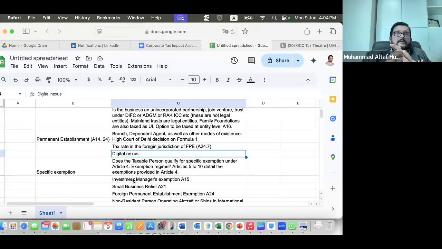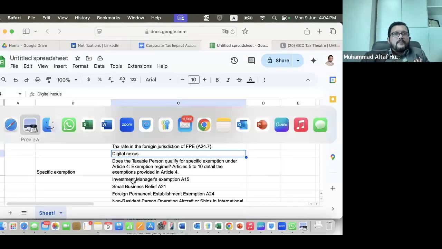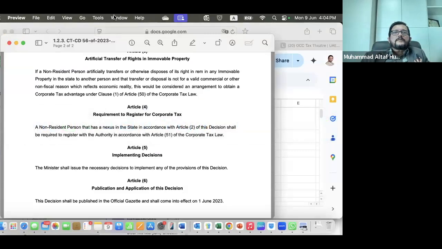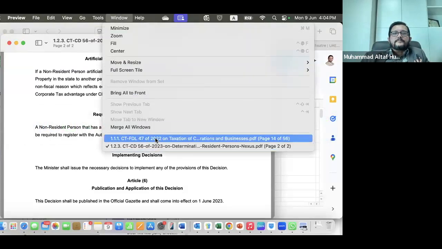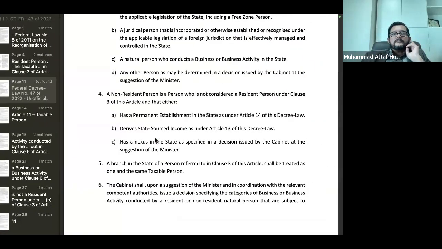That's what I'm saying. Meaning tomorrow a non-resident cannot take a position that since you did not say anything on this, we are out of this. But how would they know? First of all, they're outside the country, and it's not even stated anywhere. In any way of dealing with a country, you have to comply with the laws.